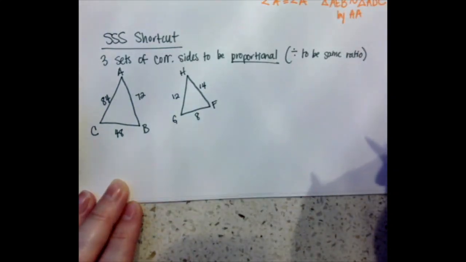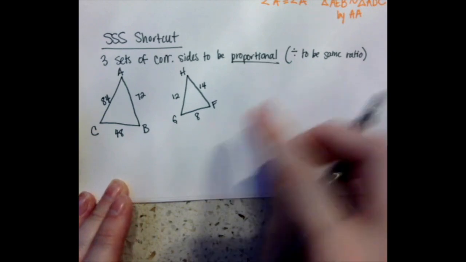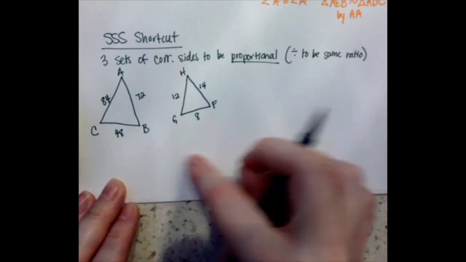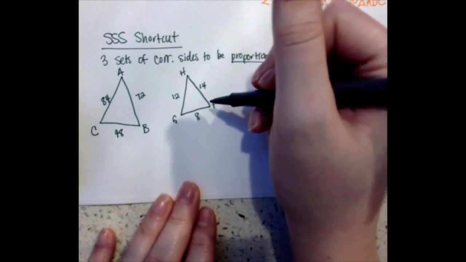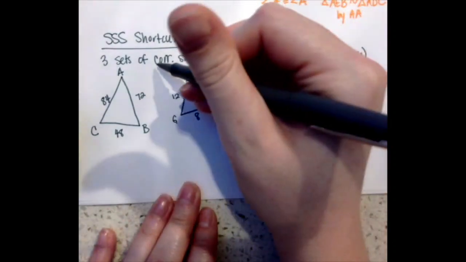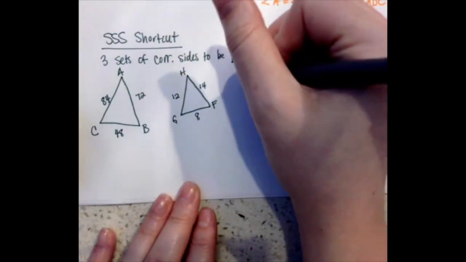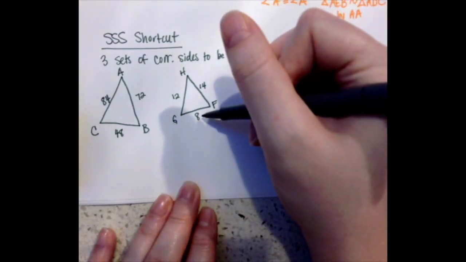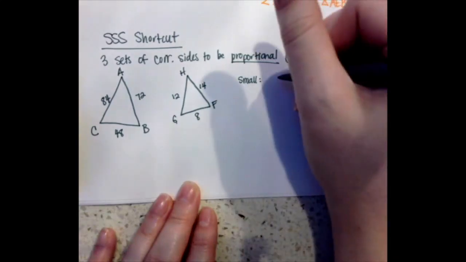And so you have to find the corresponding sides, and if they don't give you a similarity statement or they don't tell you what they're related, sometimes they do, then you can look at the smallest sides should be corresponding, then the medium sides, then the large. So our small sides are 8 and 48. They're our two smallest.